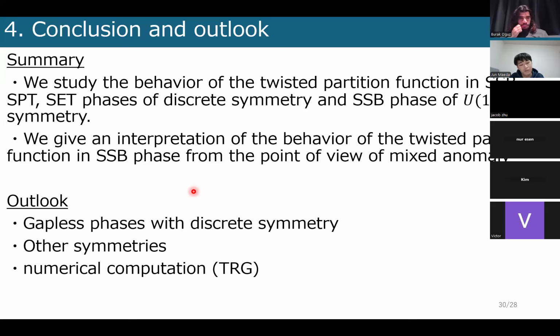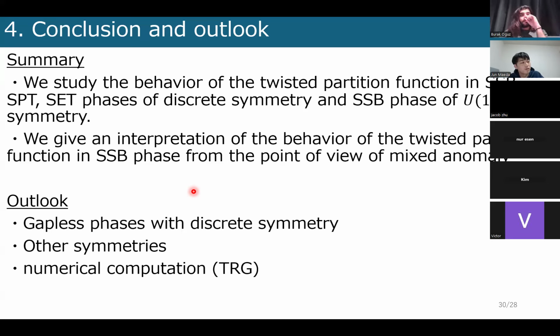If we impose the Dirichlet boundary condition also at the dynamical boundary, which means we impose Dirichlet boundary conditions at both boundaries, then after shrinking the interval we obtain a full SSB phase, a G-SSB phase. And if we impose a Neumann boundary condition as the dynamical boundary condition, then we obtain a trivial phase.